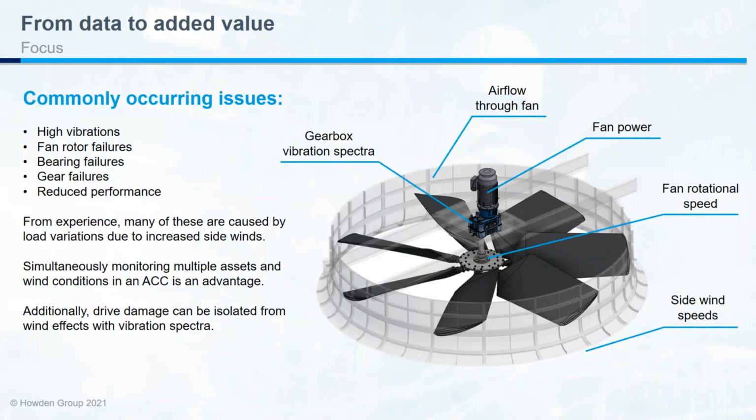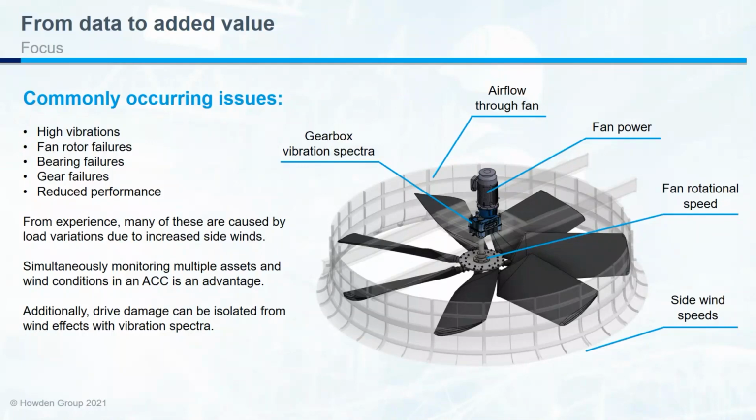So looking at cooling fans, the commonly occurring issues are high vibrations, fan rotor failures, bearing failures, gear failures, and reduced performance. And from experience, many of these are caused by load variations caused by increased side winds.